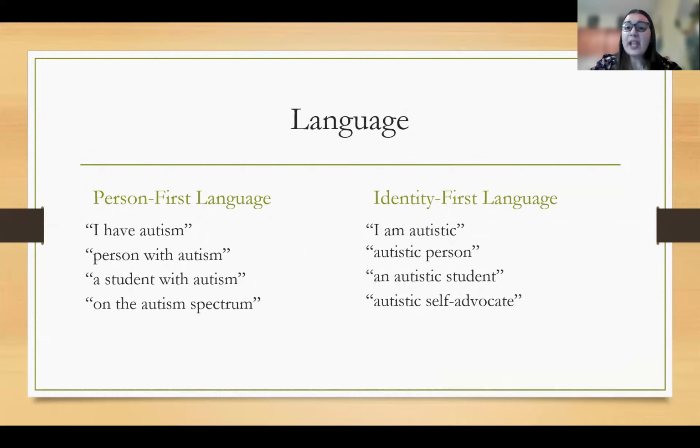So individuals on the autism spectrum might prefer person first or identity first language. If you're not sure, you should use person first language. But if an individual asks you to refer to them with identity first language, now you might know why. So again, this is really an individual preference.